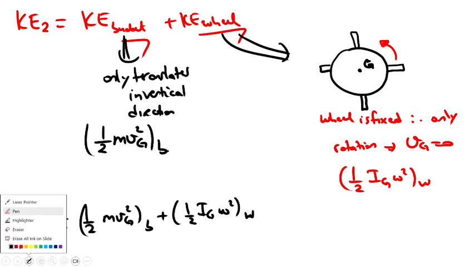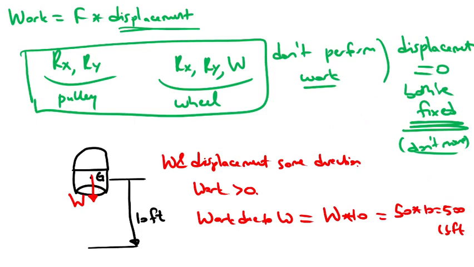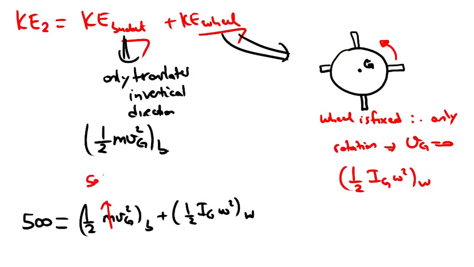The bucket has a mass of 50 lb divided by 32.2. v_G is unknown. I_G of this one we can easily find from the table here. Omega is unknown. So we have one equation but two unknowns, and we need one more equation to eliminate one unknown. I will talk about this in the next recording.